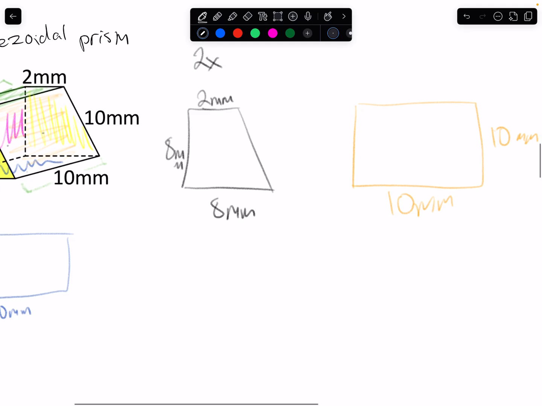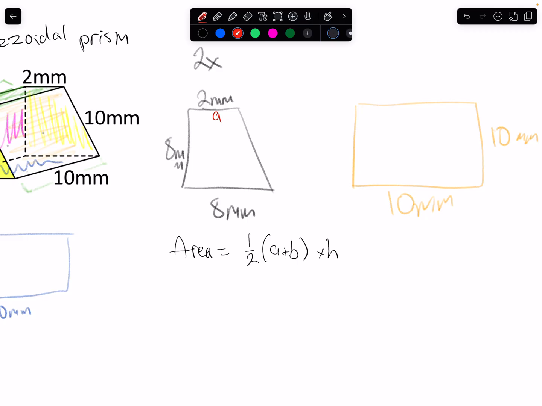First things first, we have two of our trapezoids. Now, if you look in your notes, I want you to see if you can find the area formula for this first. Pause the video, take your time. Let's see how you go. See who gets it right. All right, so the area is equal to half, in brackets, A plus B times H. Now, I'll put them in here.